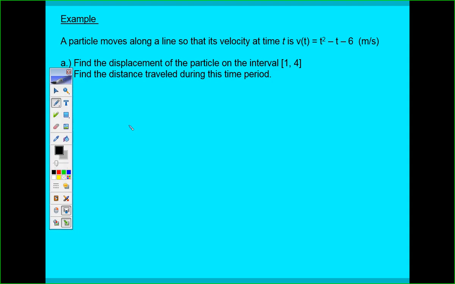To find the total displacement, or the displacement, we would take the antiderivative on the interval 1 to 4 of our velocity function, t squared minus t minus 6. So we would get t cubed divided by 3 minus t squared divided by 2 minus 6t on the interval 1 to 4.